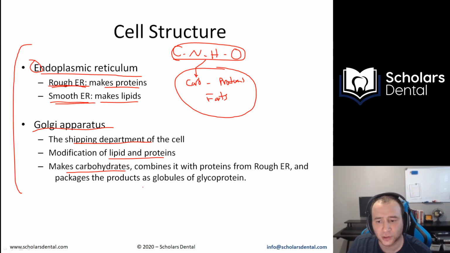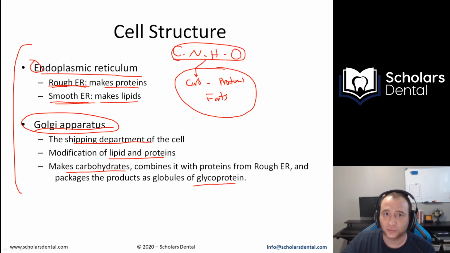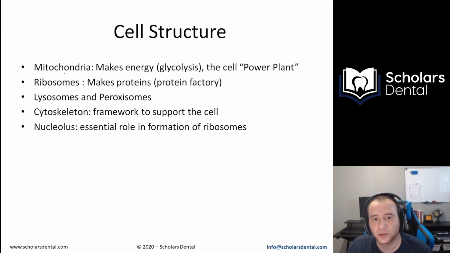So they become globules of glycoprotein, and then they can be secreted. You'll find that gland cells have a large Golgi apparatus, because glands secrete things. They're always shipping things out, which means they need a large functional Golgi apparatus. So that's pretty much some stuff about the cell.